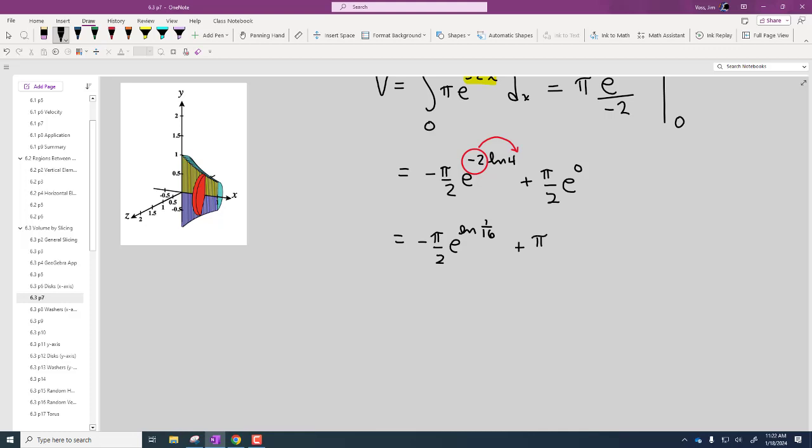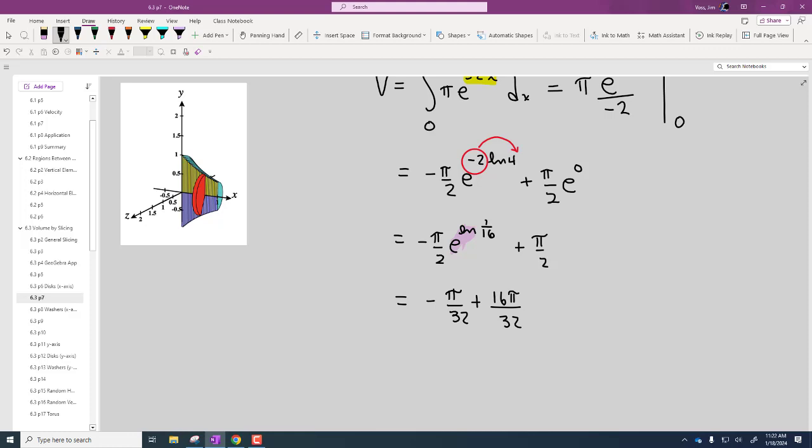Plus pi halves. And then I heard somebody say the e and the natural log are going to collapse. They undo each other. So we end up with minus pi over 32, minus pi over 32 plus 16 pi over 32.